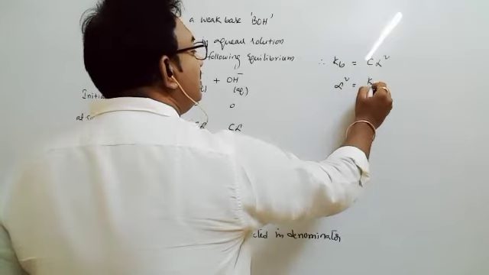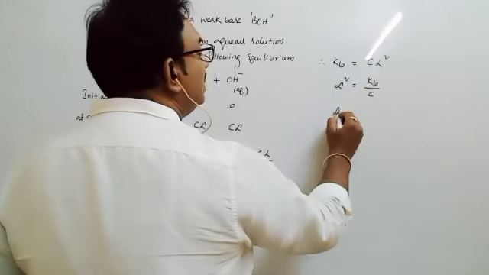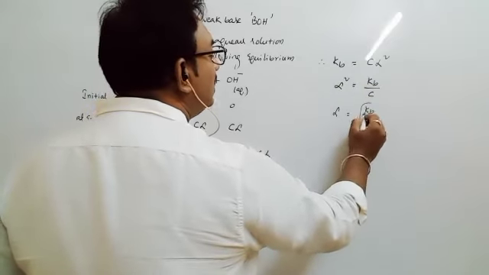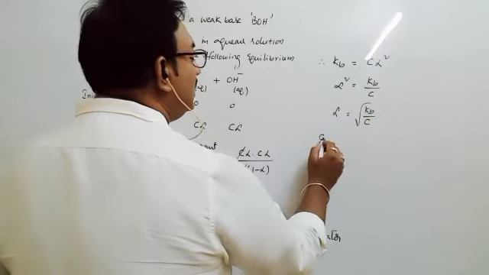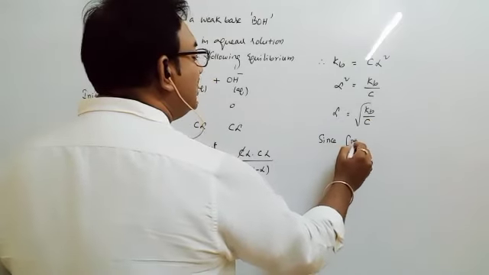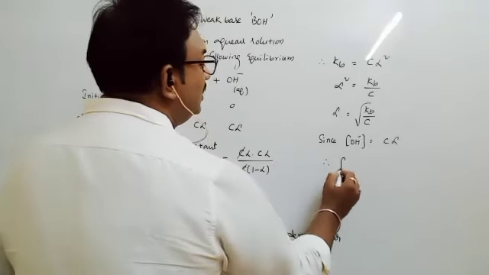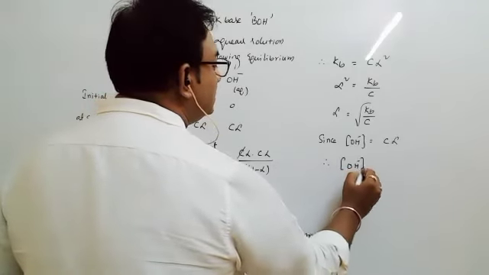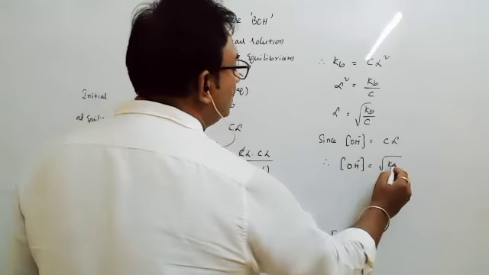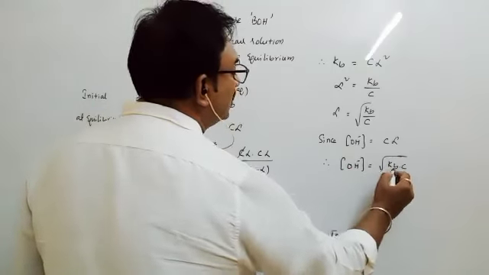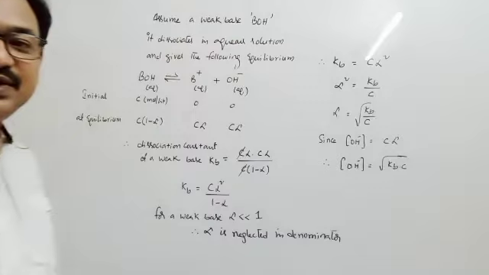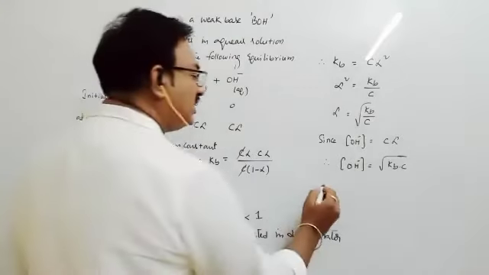Alpha square is equal to Kb by C. Alpha equal to root Kb by C. Again, since OH minus ion concentration is equal to C alpha, therefore OH minus ion concentration is equal to root Kb into C.